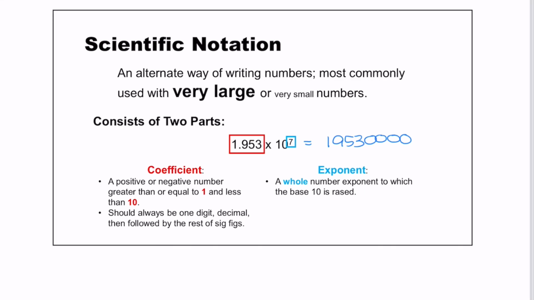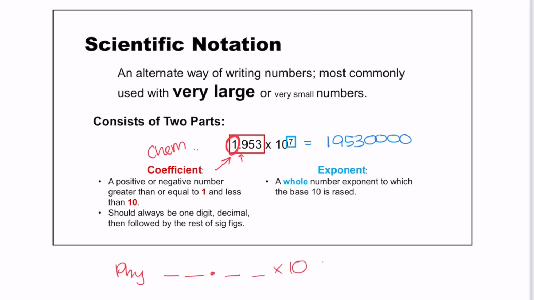So a scientific notation has two parts, the coefficient, which is this red portion here, and in chemistry, and understand that this is for chemistry because this is chemistry class, our coefficient is always a single digit, then the decimal. So actually in physics and engineering, they do 2 digits and then the decimal in some numbers.